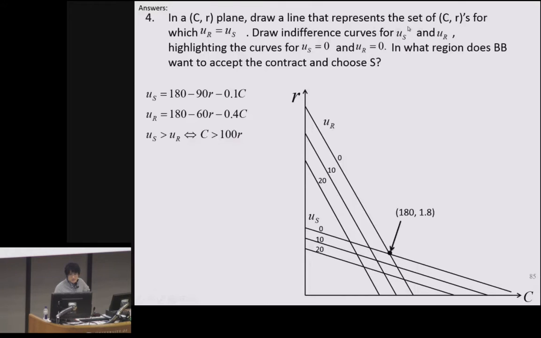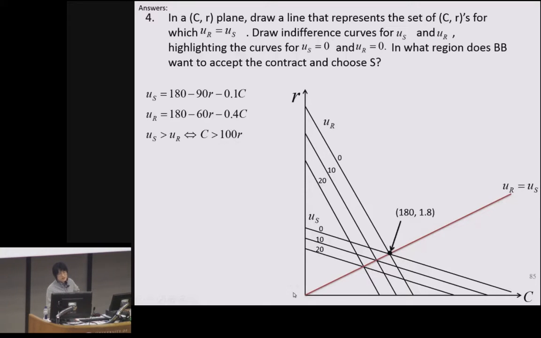The line that represents the set of contracts for which Brown Bakery is indifferent between US and UR is represented by C equal 100R, like this.